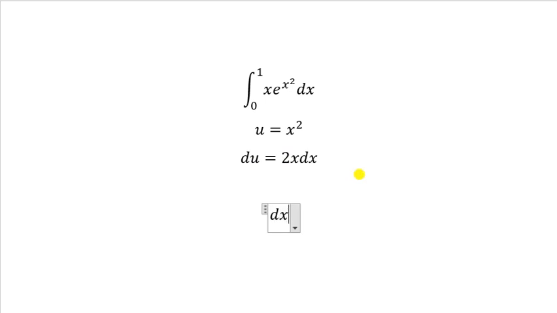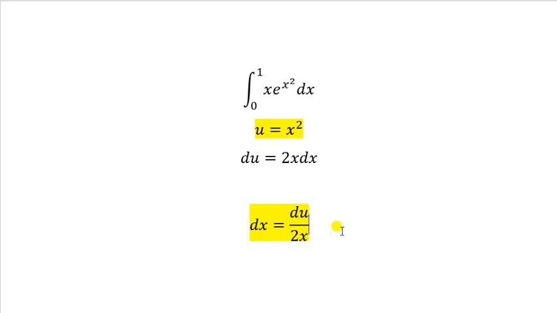So we get dx equals du divided by 2x. Okay, so in this case we have two important equations, which are u equals x squared, and dx equals du divided by 2x.